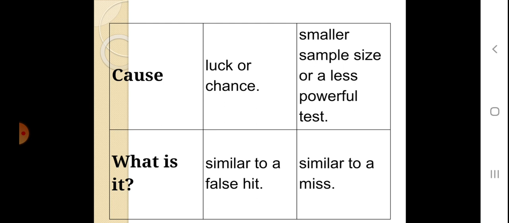Next, type 1 error is caused by luck or chance, but type 2 error is caused by a smaller sample size or a less powerful test.